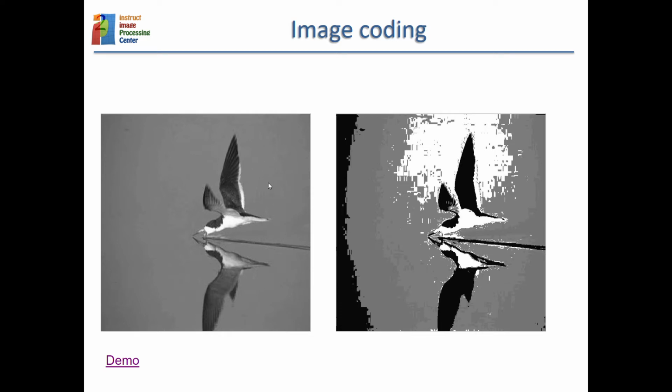The pixel depth is how many bits you are using, how many different colors you are using to represent your image. If you use 8 bits, then you can represent up to 256 different values. If you use 7 bits, then you can only represent half of those, so 128.